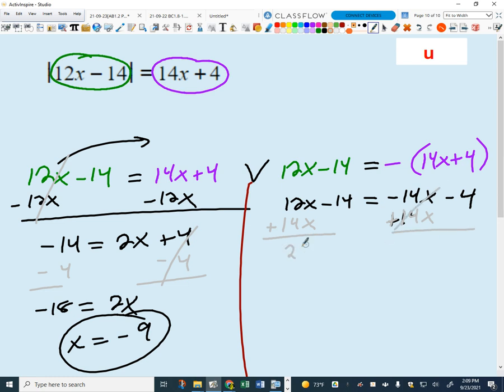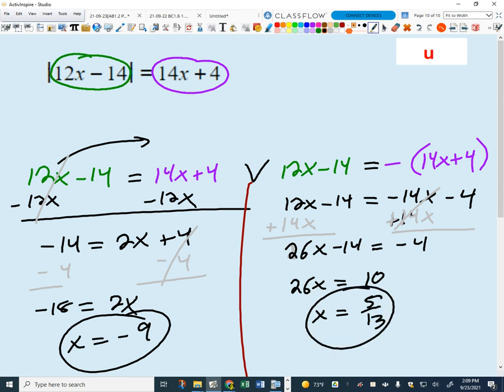I get 26x minus 14 equals negative 4. So I add 14 and divide by 26. I get 10 divided by 26. I get x equals 10 over 26, which I could reduce to what? 5 over 13. Yes.